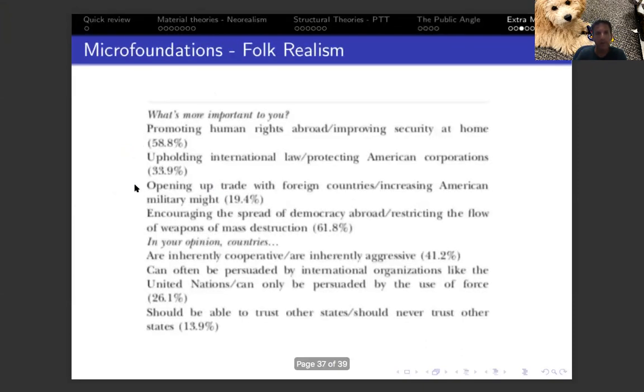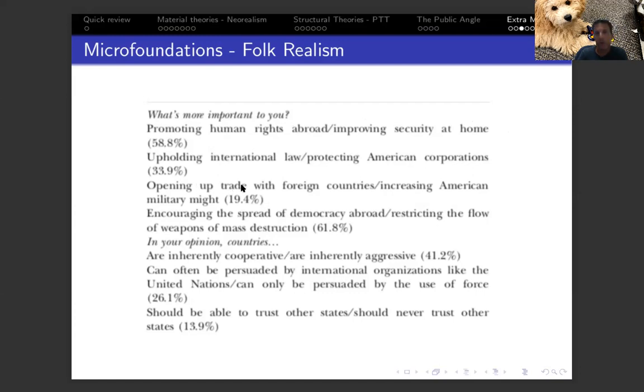So for example, these are the questions that they asked their participants in their survey. What's more important to you? If you look at the first example, it is promoting human rights or improving security. And what you see in the parentheses here is the response to the second option in this question, which fits more to the realist point of view. So in this case, you see that there's not necessarily too much of a realist majority for this kind of question.